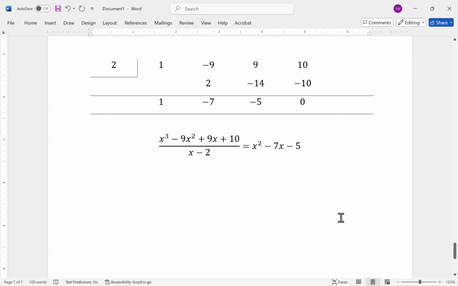In fact, I just want to point out that this also means that if I multiply both sides of this equation by x minus 2, I would get an equation that says x to the third minus 9x squared plus 9x plus 10 is equal to the polynomial x minus 2 multiplied by the polynomial x squared minus 7x minus 5.